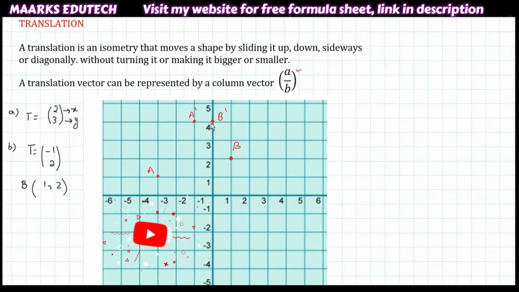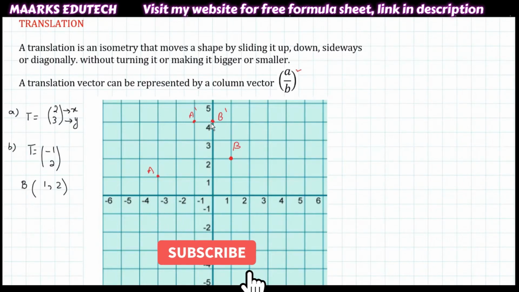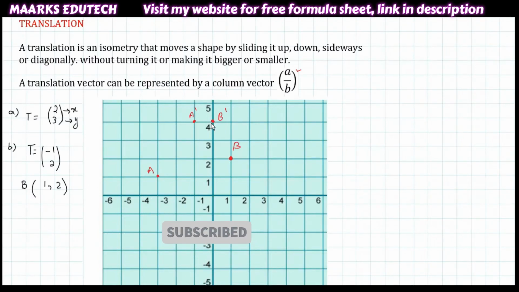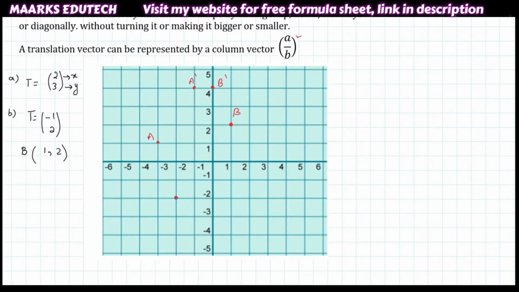We have been given the object B and we want to find the image by a translation vector. Now this was when we have given an object and a translation vector. Now I'll tell you how to find the translation vector when we have given an object and an image. Let's say we have another point C here and we have C dash also, which is lying somewhere here.